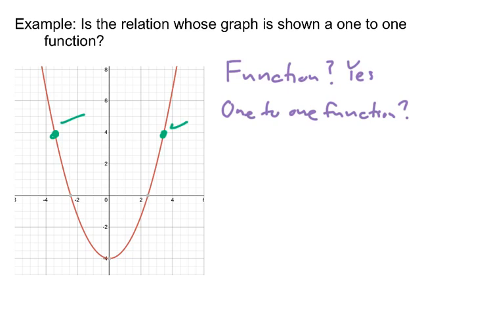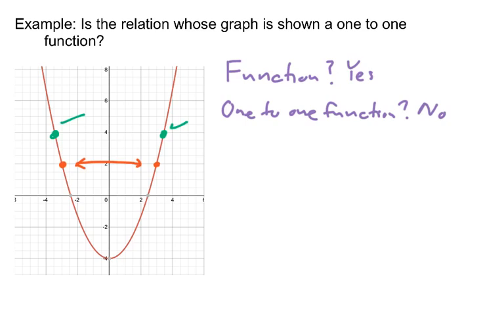So you have two ordered pairs with the same second coordinate, and that tells you that this is not a one-to-one function. In fact, that's not the only example. Anywhere you look on here where you have 2 points that are immediately side by side from one another with the same y value, they have the same second coordinate, and therefore that makes this not a one-to-one function.